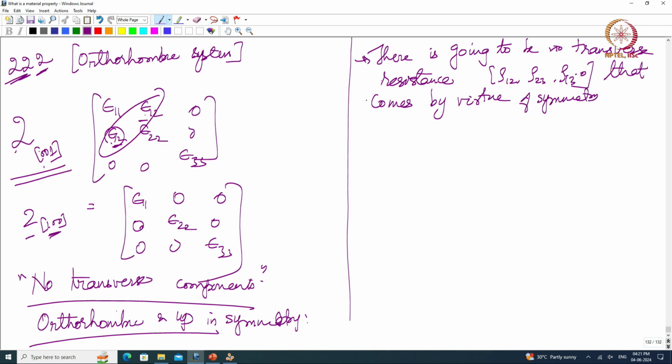Or more accurately, symmetry kills all transverse components.